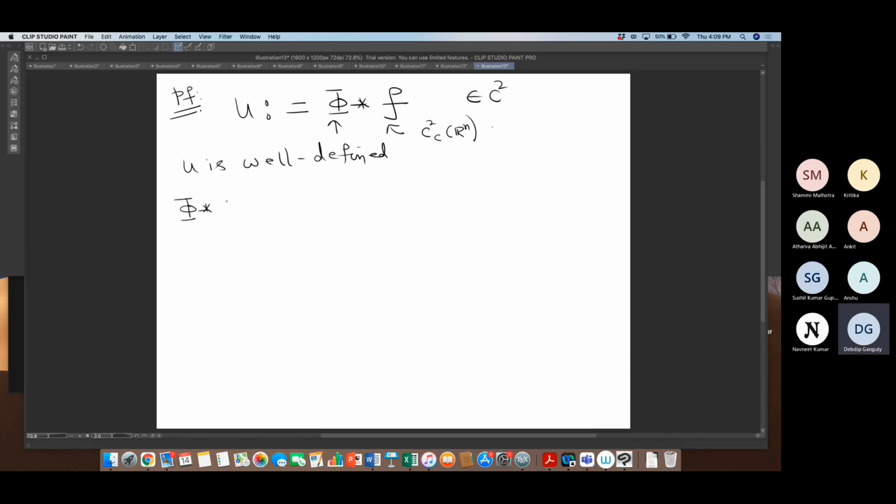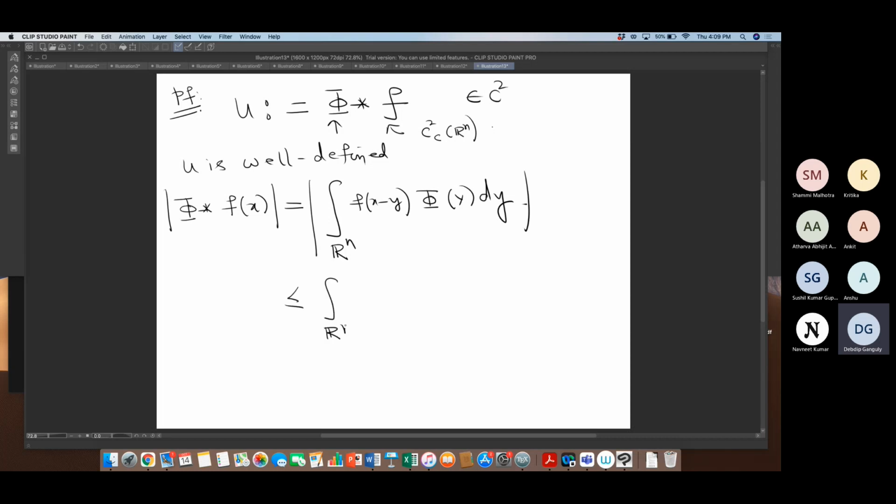Phi convolution f. Let us check for each x whether this makes sense or not. This is the integral over Rn of f of x minus y times phi of y dy. Whether for each x this is finite or not. Take the modulus: integral over Rn of phi of y times modulus of f of x minus y dy.